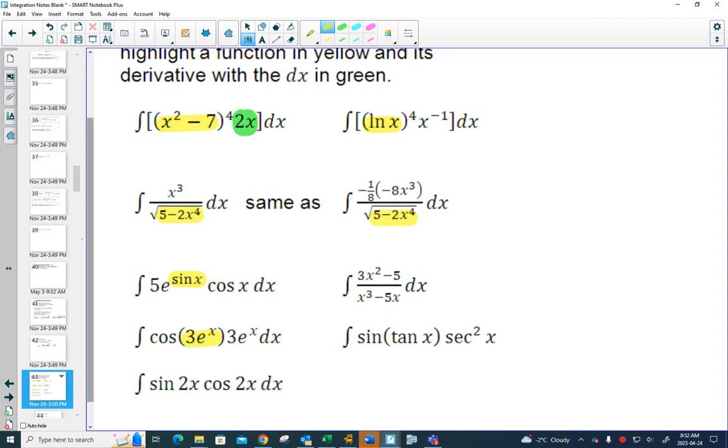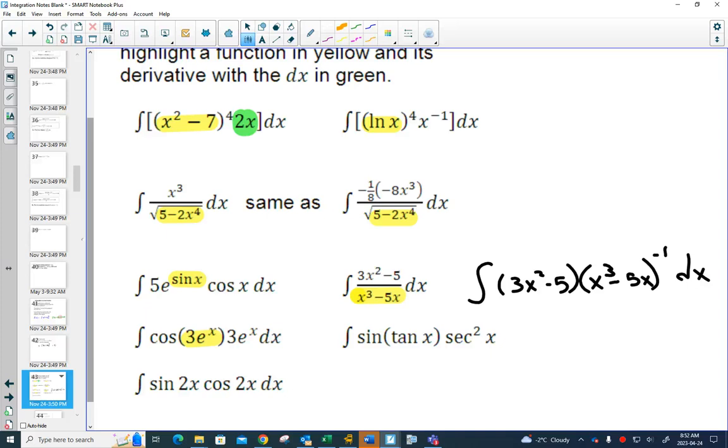The inside function on this one is going to be this bottom part, because technically, I could think of this as x cubed minus 5x to the negative 1.